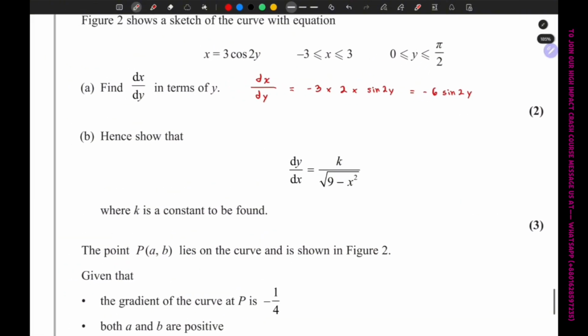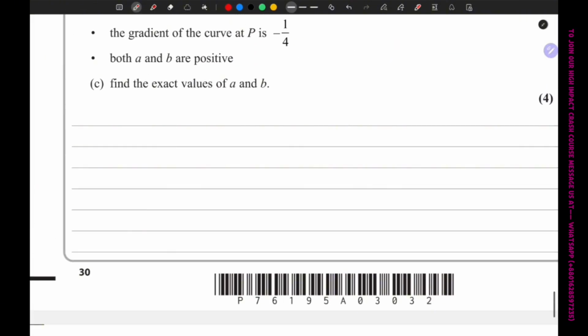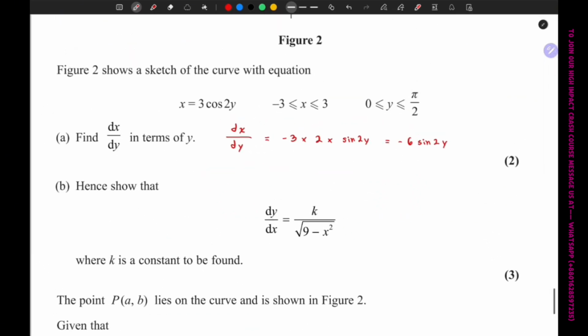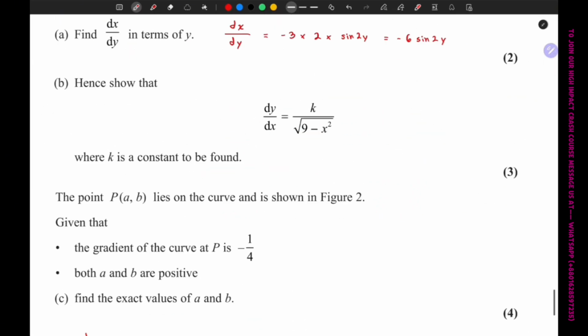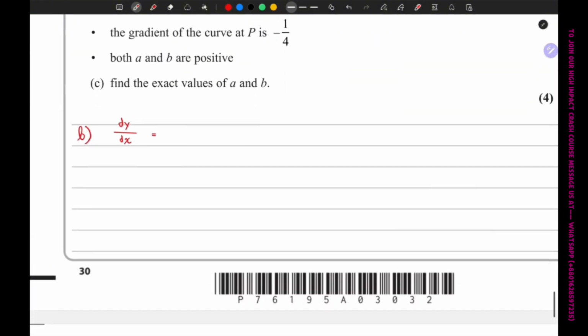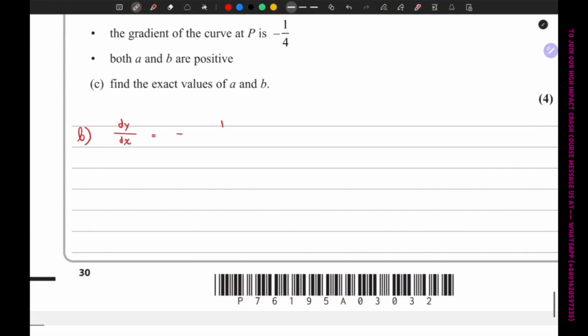Now if you want to show dy over dx, we know that dy over dx is basically the inverse of dx over dy. So if you flip this value, you will get dy over dx. So this will be negative 1 over 6 sine 2y.